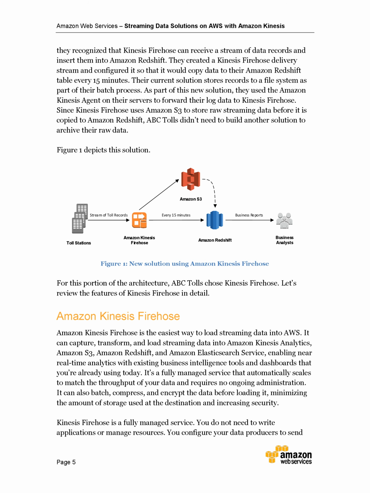As part of this new solution, they use the Amazon Kinesis agent on their servers to forward their log data to Kinesis Firehose. Since Kinesis Firehose uses Amazon S3 to store raw streaming data before it is copied to Amazon Redshift, ABC Tolls didn't need to build another solution to archive their raw data. For this portion of the architecture, ABC Tolls chose Kinesis Firehose.